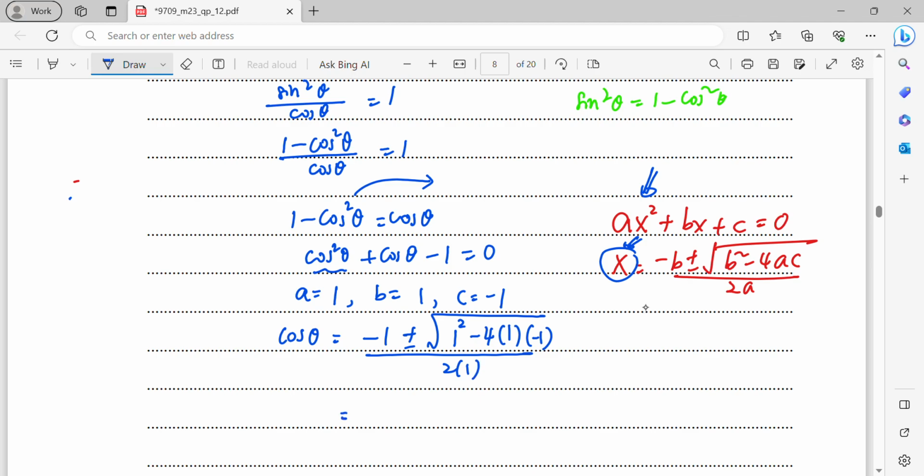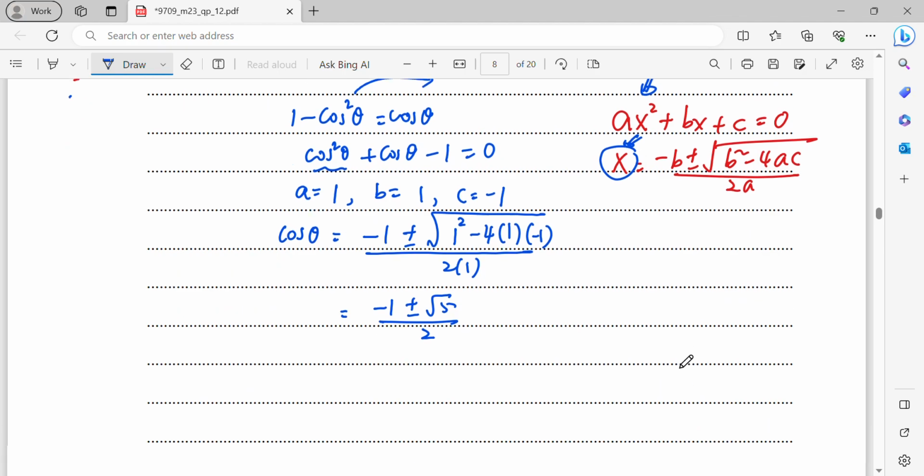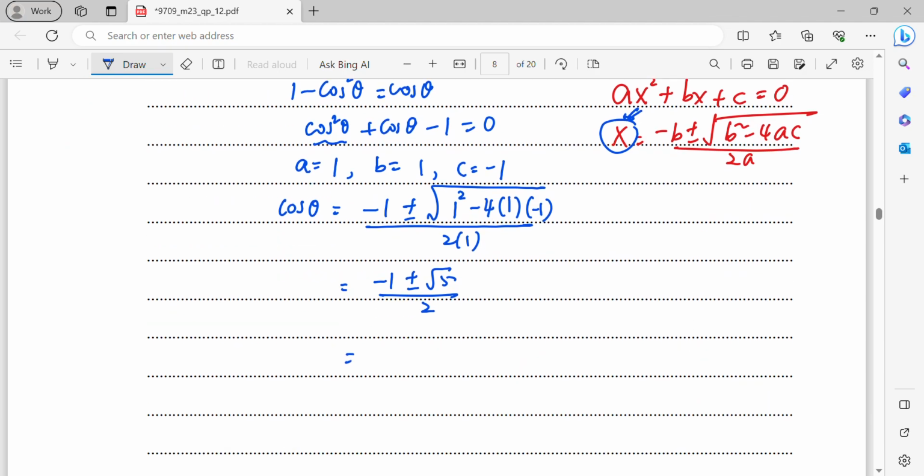From here, you will get minus 1 plus minus square root 5, over 2. Now I have to get two values, because of the plus minus. The first one uses the minus square root 5, and the second one is going to be plus square root 5. So I will be getting 0.6180 and the other one negative 1.618.